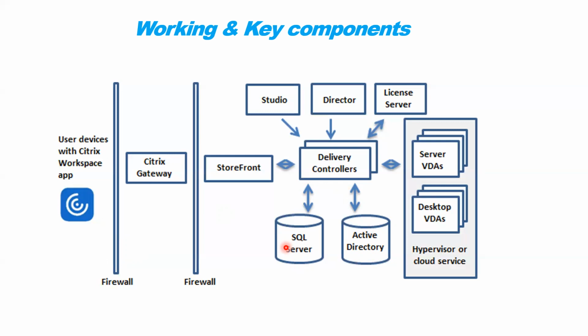So in the SQL server we have three databases available, which I will cover in a coming session. One most important database is for site settings and users data. Like if I have published a Windows 10 machine along with some applications, just suppose Office 365, for a particular user, it will check for that particular user who is trying to log in.